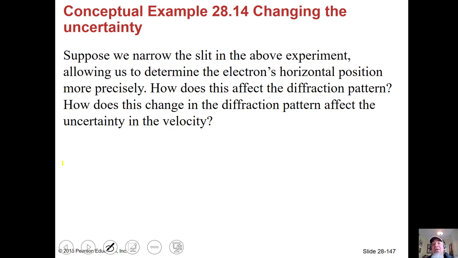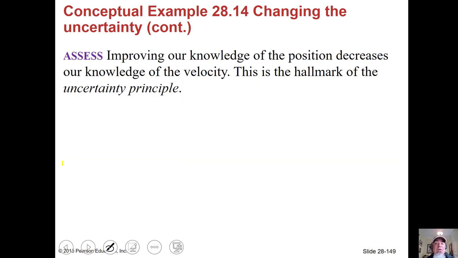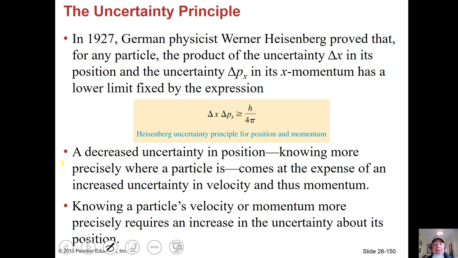So by making delta x smaller, you make delta v bigger. And this is a synopsis of what I've said there. So improving your knowledge of the position decreases your knowledge of the velocity. This is really what the uncertainty principle is.